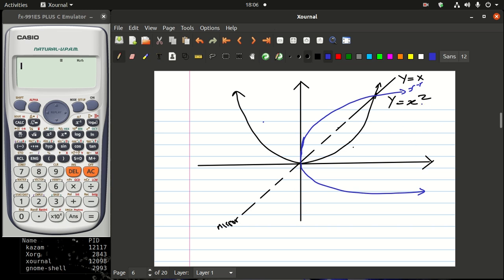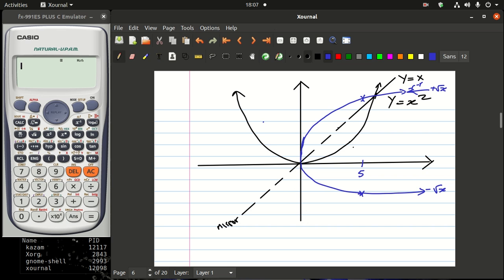But this side, because it's positive, you'll find out this portion is the positive square root of x. This side is negative, so you'll find out you have a negative square root of x. And if I pick a value here, x is equal to 5, it's going to have that output there, which is positive square root of 5.